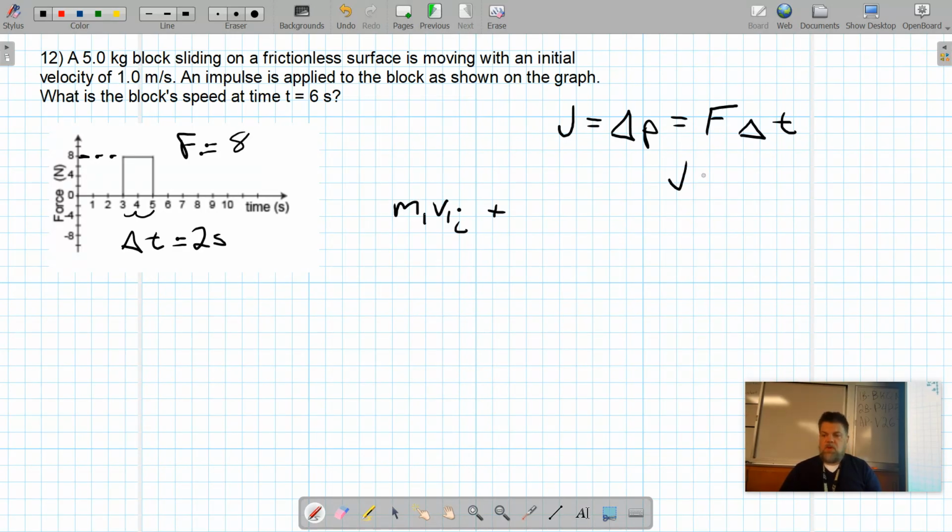Then our impulse J is equal to 8 newtons times 2 seconds, so our impulse is equal to 16 newton seconds.